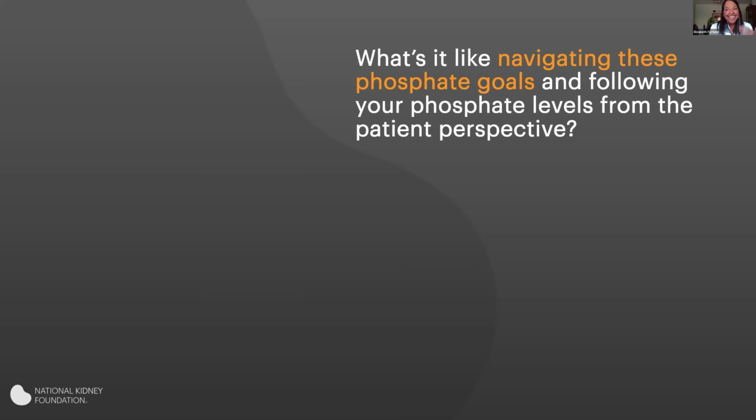Because phosphorus is not one of those things that's easily measured in your diet. Like when you eat, I can pick out a can of soup, and I know how many calories, how much fat, how much sodium, how many carbohydrates. I can't tell you how much phosphorus is in something.